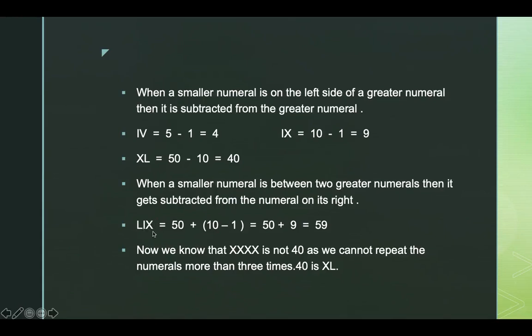So this is 10 minus 1. 50 plus, in brackets, 10 minus 1, that is 9. So it equals 50 plus 9, that is 59. This is how we get the value of this Roman numeral.